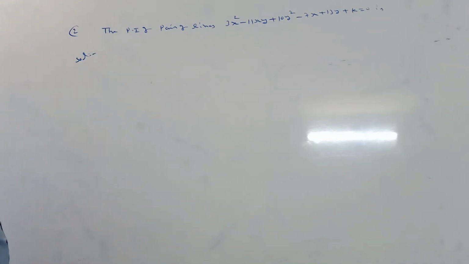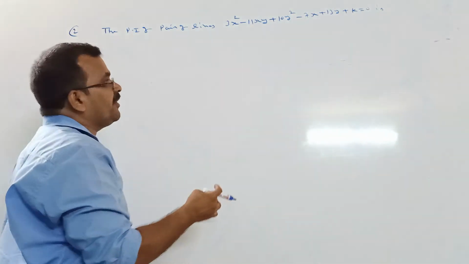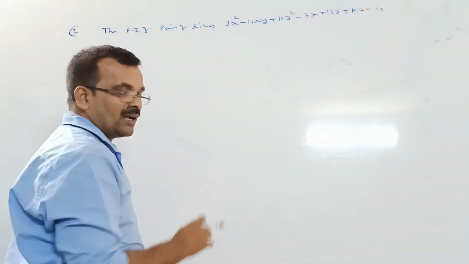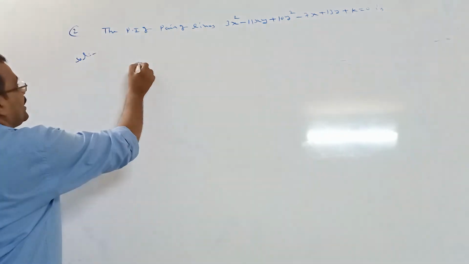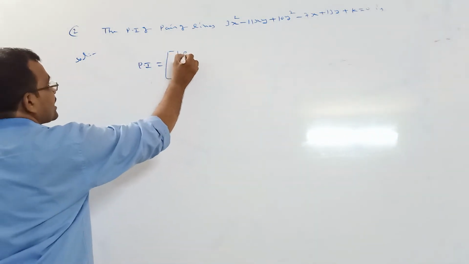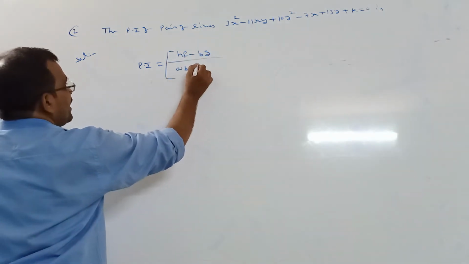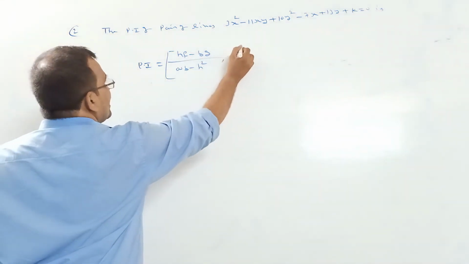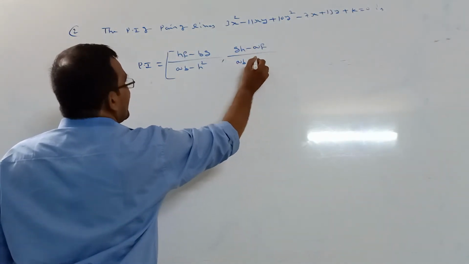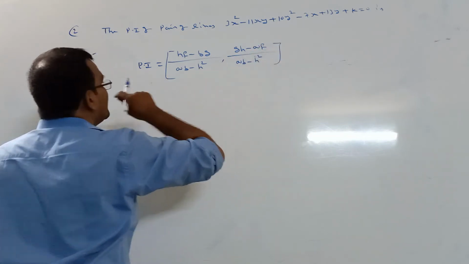They are asking here the point of intersection. They didn't ask k. If they are asking k, use the delta equal to 0 expression formula. But to find the point of intersection, we have the formula (hf minus bg by ab minus h square, gh minus af by ab minus h square).